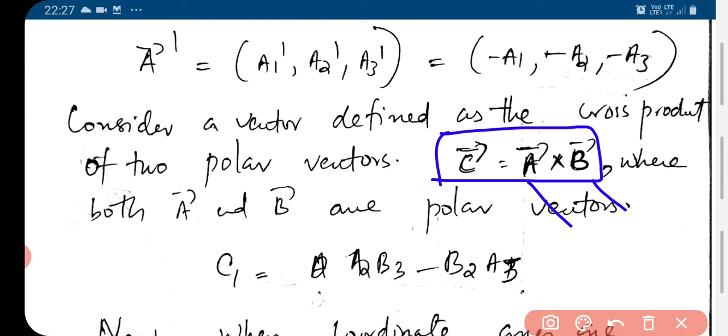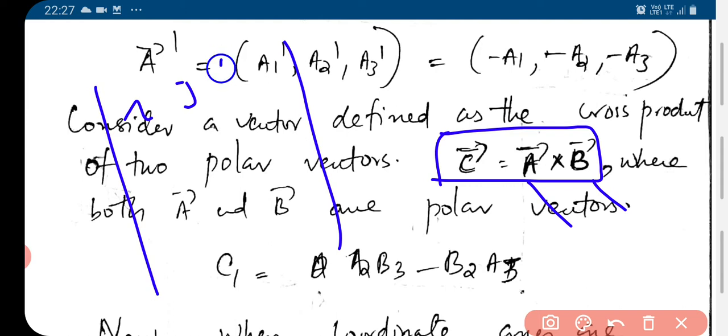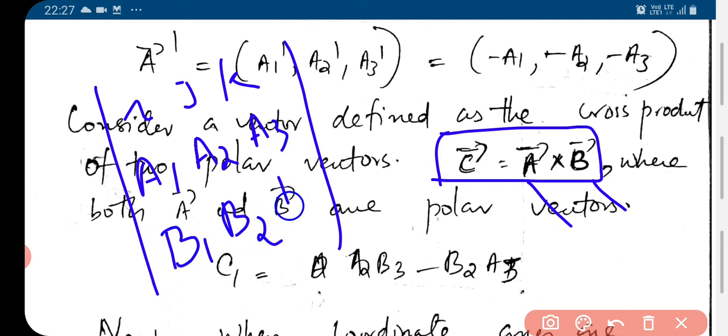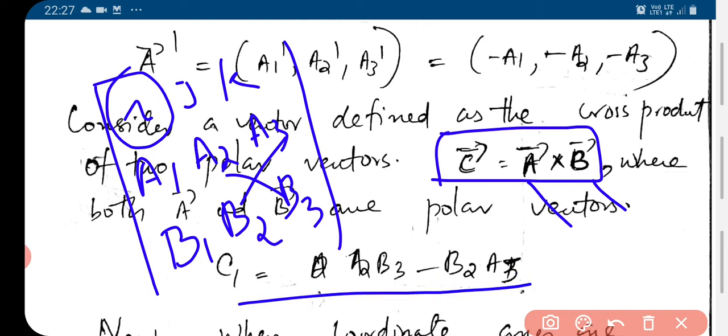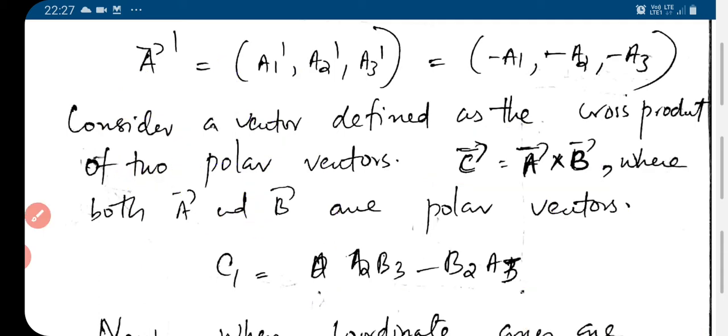And we know how to take the cross product: we take i, j, k, then A1, A2, A3, then B1, B2, B3. So i times A2 B3 minus A3 B2. That will be the first component. So C1 will be A2 B3 minus A3 B2.